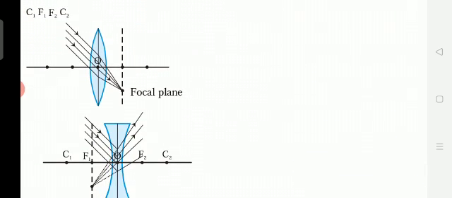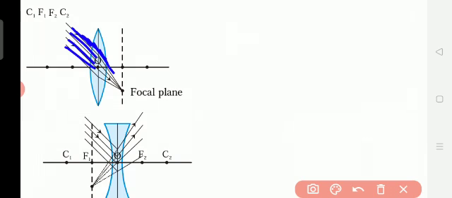When we see here, for example, a parallel beam of light means so many light rays parallel to each other, so many lines of light coming, refracting, bending and meeting at one point in the convex lens, at the focal plane.